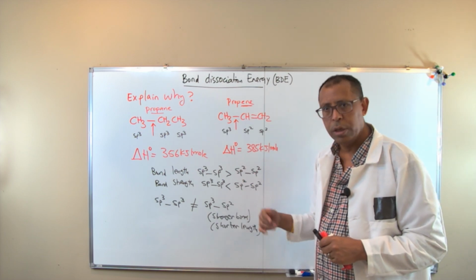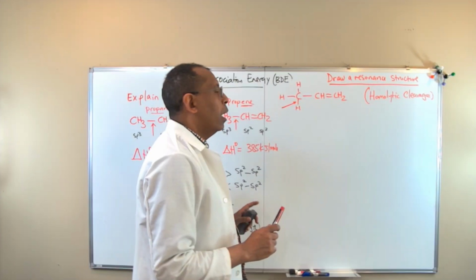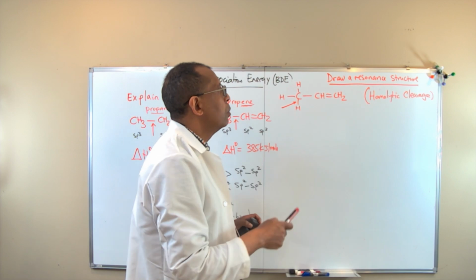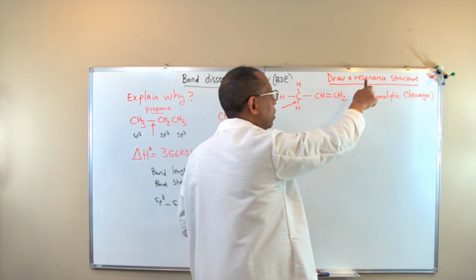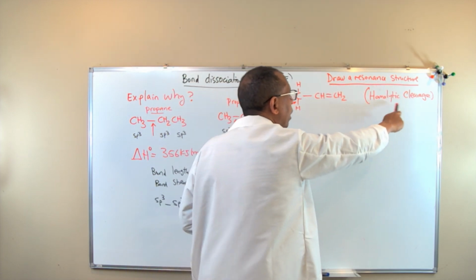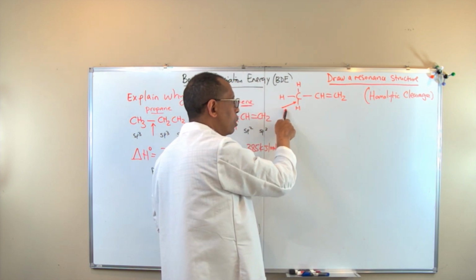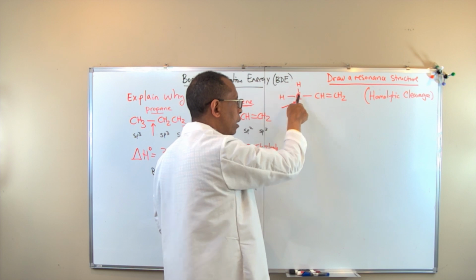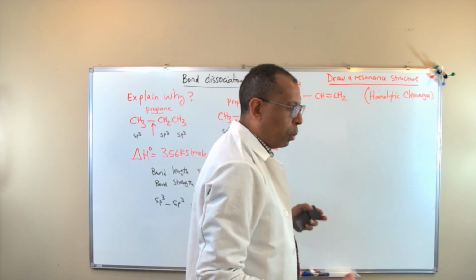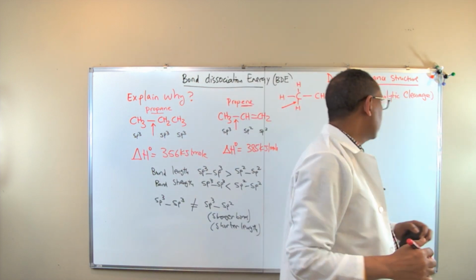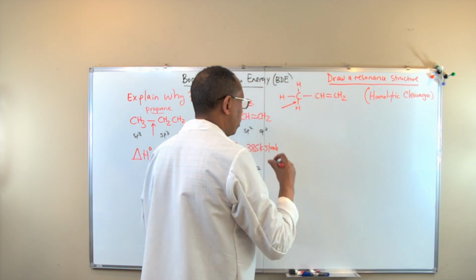So we'll continue with another problem. I have another question which says draw a resonance structure for homolytic cleavage of these compounds. The indicated bond that would be broken is the carbon-hydrogen bond. So when it says homolytic cleavage, this is what happens.